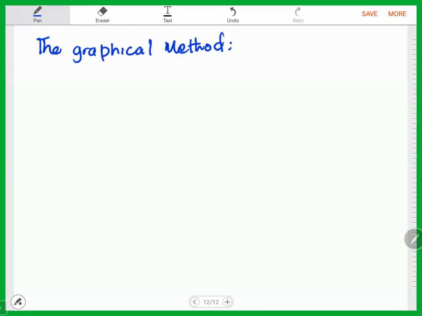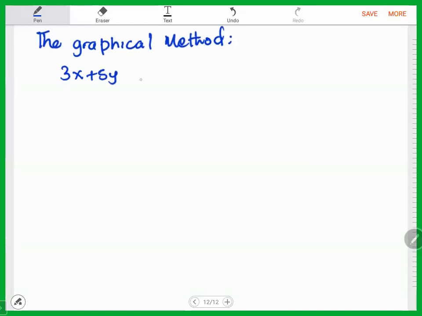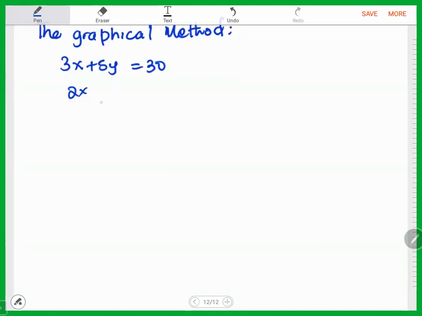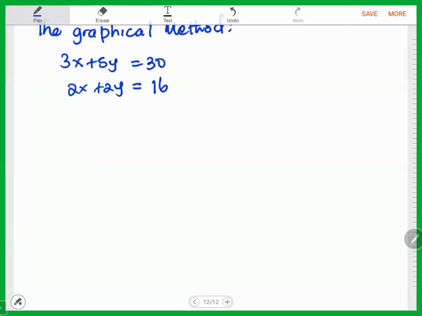For example, if we are given two equations of this kind: 3x plus 5y is equal to 30, and 2x plus 2y equal to 16.